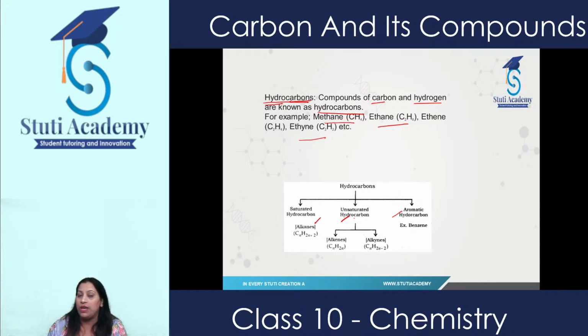In saturated, generally alkanes come. The formula of alkane is CnH2n+2. The formula of alkenes is CnH2n, and alkynes, which are unsaturated hydrocarbons, is CnH2n-2. You need to learn these formulas. Then aromatic hydrocarbons: what are these? We'll discuss in detail one by one. So till here, I think it is clear.